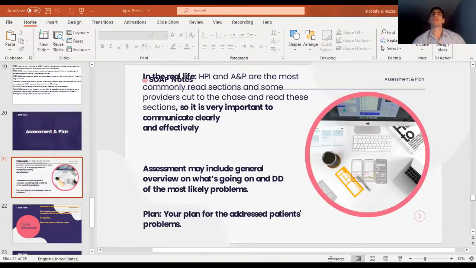Now coming to the plan part. So the plan is, what are we doing for this patient? And largely speaking, there are two ways of doing it. It differs according to hospitals, residents, attendings, and specialties. There are the system-based plan or problem-based plan. What does that mean?